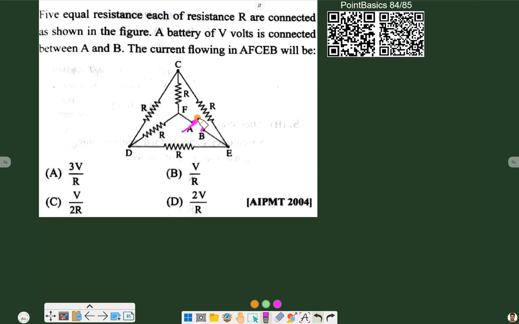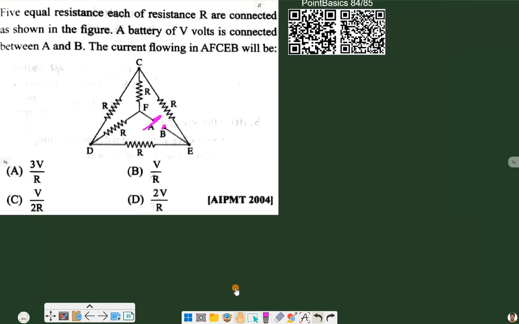Now, we can redraw this diagram slightly. Let me redraw it. So this is R, R, R, C, D, E. Now this B point, we take it outside, and these two resistances and point F, we also take them outside like this.